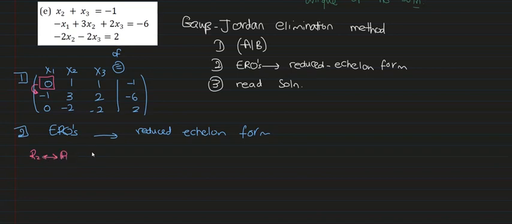So it will be here -1, 3, 2, and -6 off, and then 0, 1, 1, -1, and finally we have 0, -2, -2, and 2. Okay, very well.